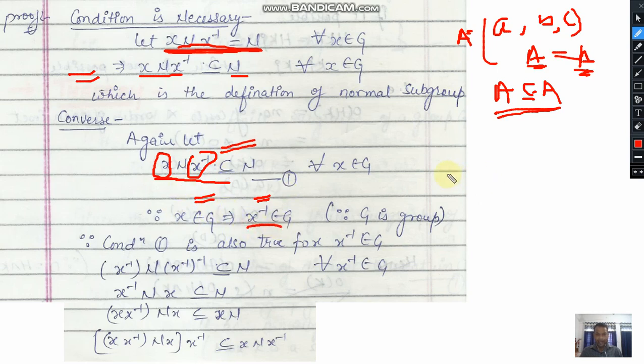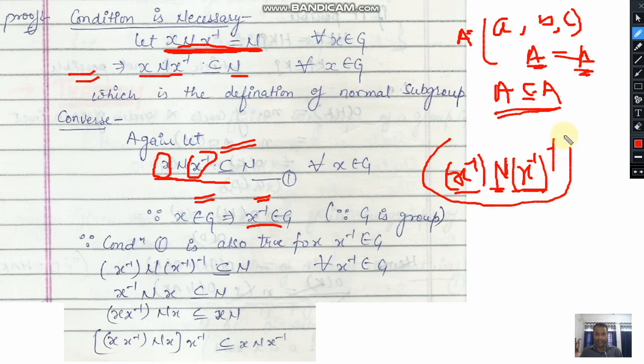So if I write it in this manner, x inverse is now treated as an element, and I compose it on the subgroup N in this fashion: x inverse, N, and x inverse to the power -1. It means I am taking an element and the inverse of that element, and in the middle there is a subset.